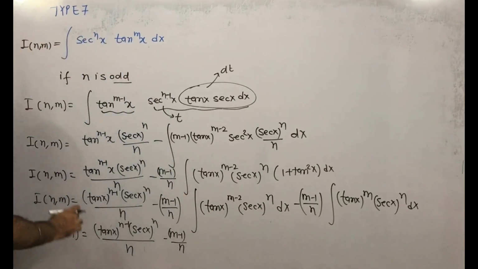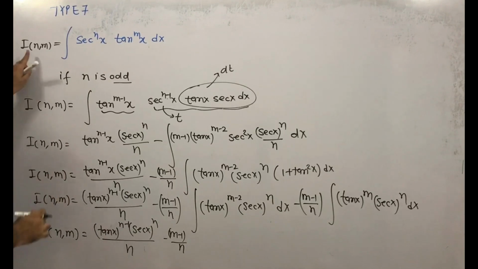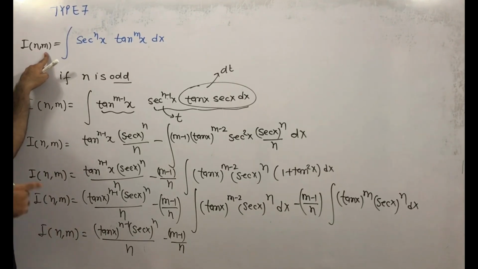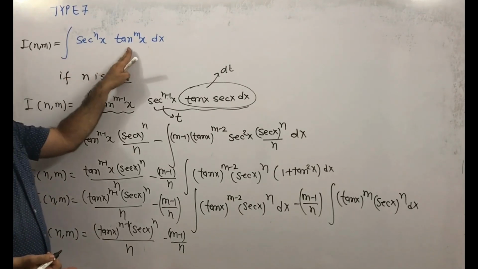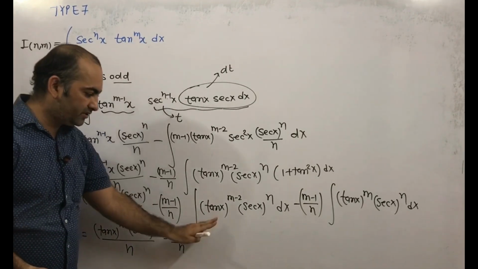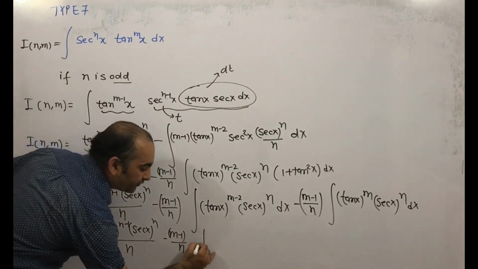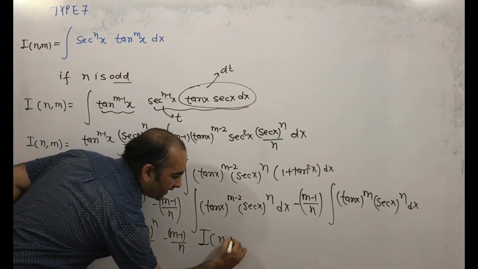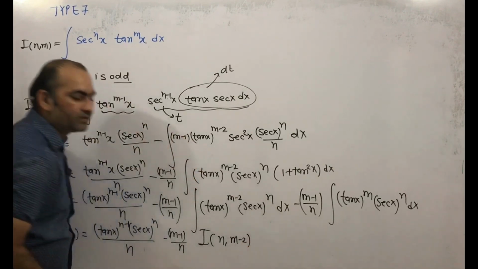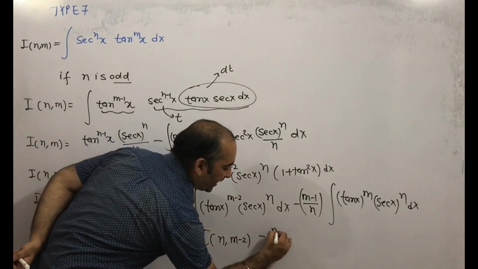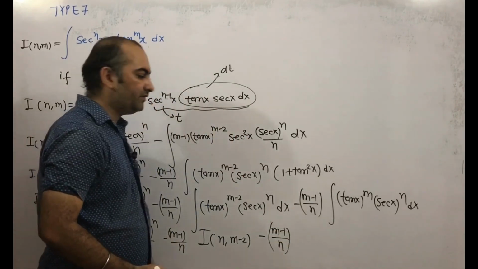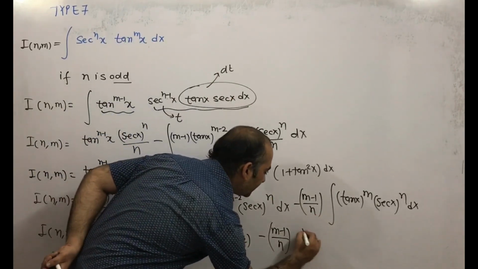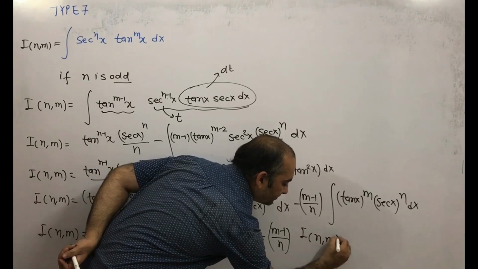Here, if instead of m we put m minus 2 and keep n, we get the integration of sec^n x tan^(m-2) x dx, so we can write this as I(n, m-2), minus (m-1)/n as it is, times this one, which we can write as I(n, m).